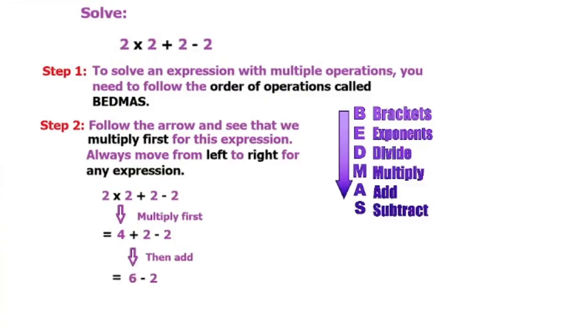Then we bring down what's left over, which is the minus 2. And finally, we do our subtraction. So 6 minus 2 equals 4. So the answer to the above expression is 4.